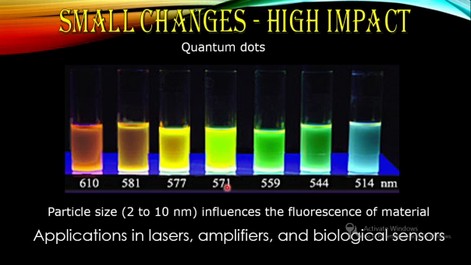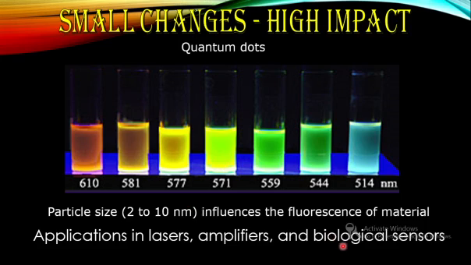This is again the 2 to 10 nanometer size of material, which is called quantum dots, and they find application in lasers. Why? Because by tuning the size you can have different colors emitted, so you can make a laser which can be tuned to give different wavelengths as we prefer.